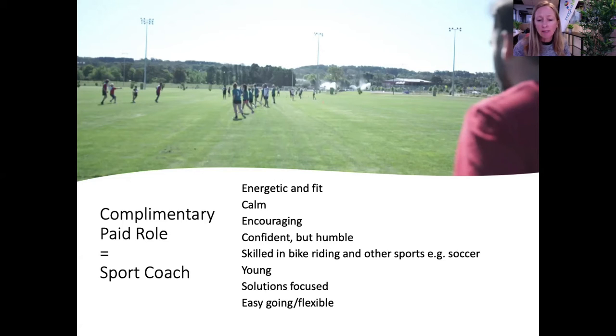They needed to be skilled in bike riding, of course, and other sports such as soccer. We thought it was important that the person would be relatively young because we knew that was a real motivator for Jack. He didn't want to do things with his parents, so why would we get somebody sort of similar to our age to take up that role? They needed to be solution-focused, easygoing and flexible.